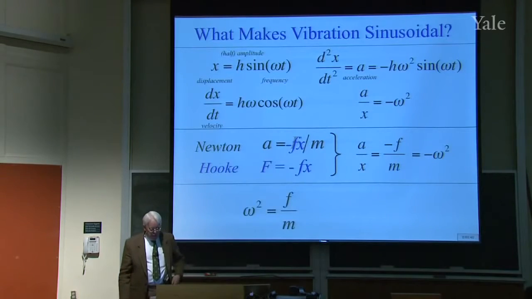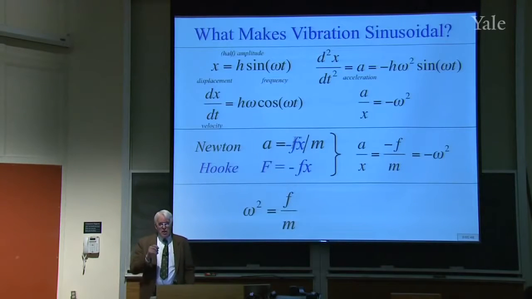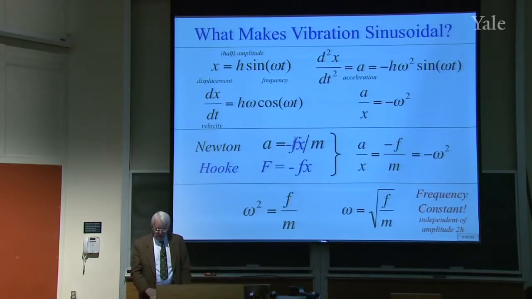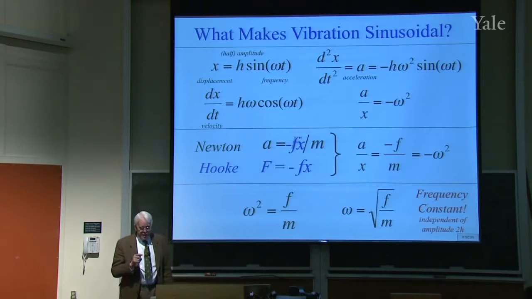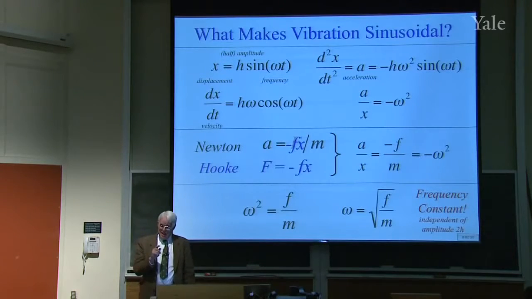And that means that the frequency squared is how strong the spring is, if it's Hooke's law, divided by the mass, right? Or if we take the square root, the frequency is the square root of the force constant divided by the mass.